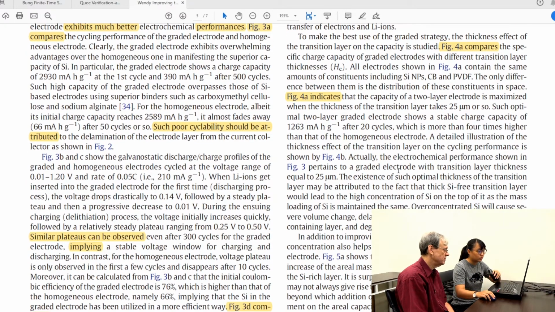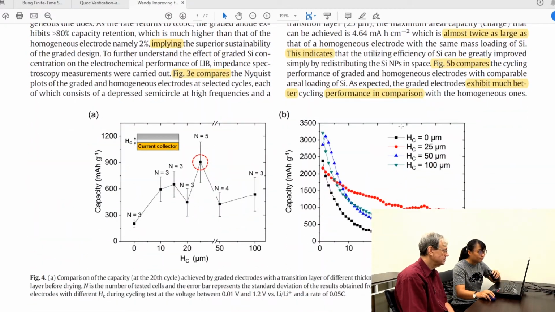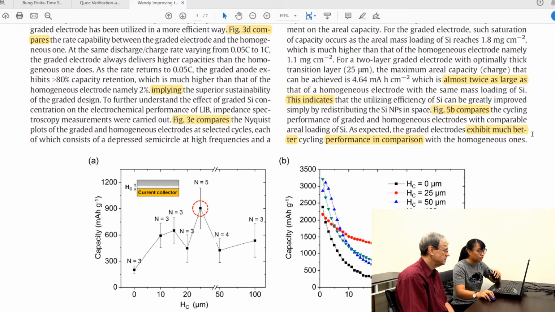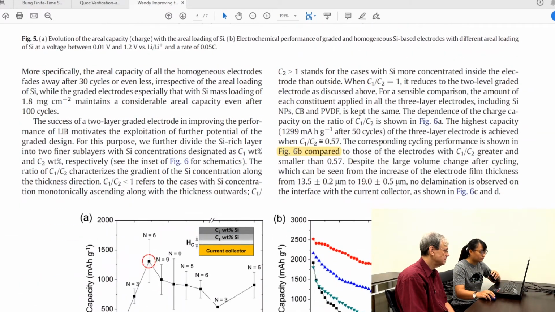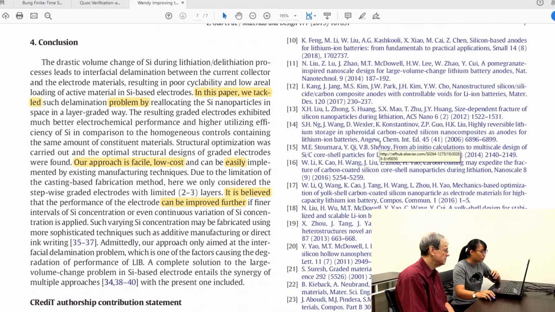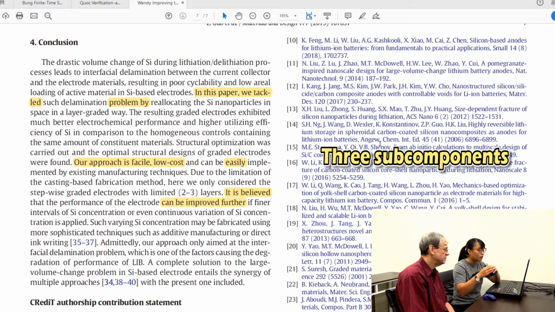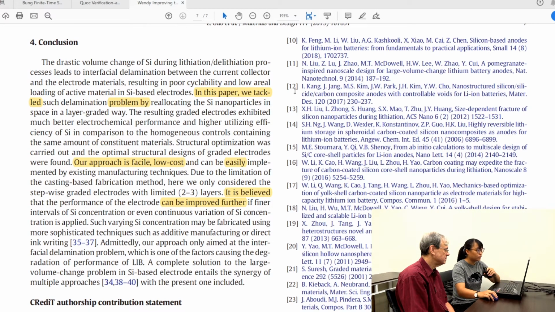Right. Yes. Very good. So now there is also the same thing. Now in this case, the comparisons explain a much better performance. So now we can go through the conclusion part. The conclusion part has 3 components. Here we can see "in this paper we tackled."